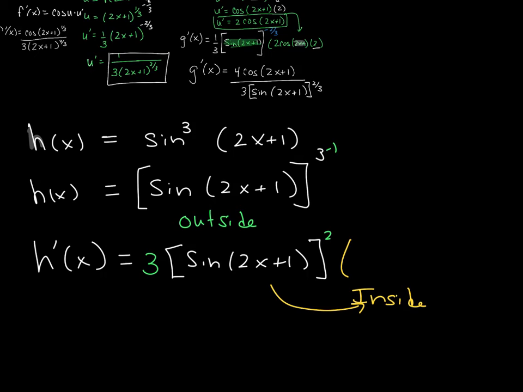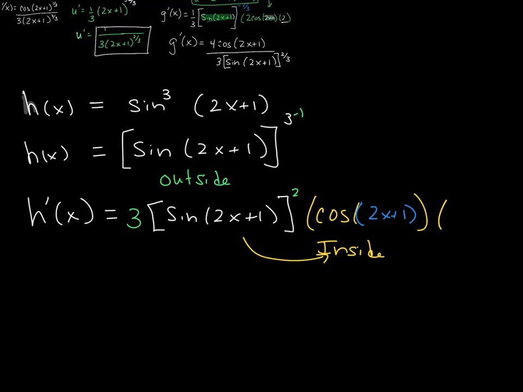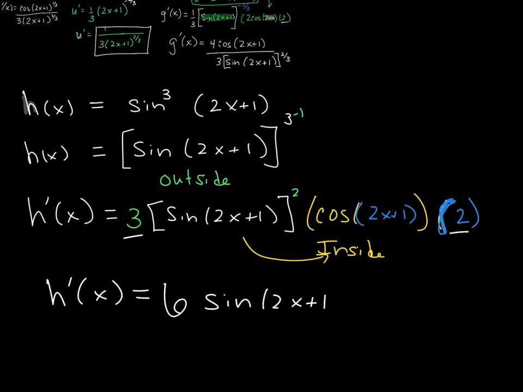The derivative of the inside is the cosine, and I have another inside here, so that's 2x plus 1. And the derivative of that second inside is just 2. So my final answer for h prime of x, I have a 3 and a 2, so that gives me 6 times the sine of 2x plus 1 squared times the cosine of 2x plus 1.